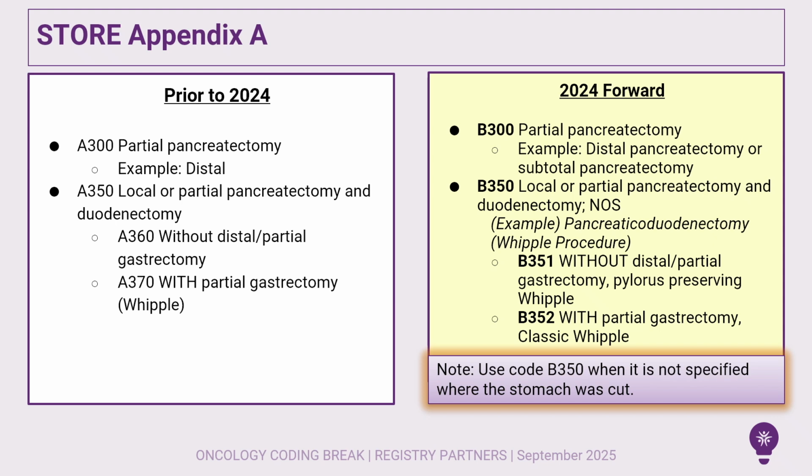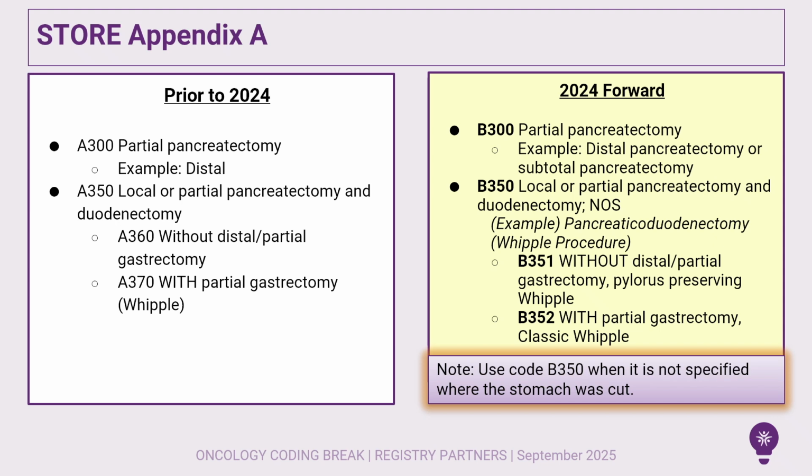Moving to 2024 and forward, we have B codes, so there is a difference. The B300 is the partial pancreatectomy, and it gives the example of distal pancreatectomy or subtotal pancreatectomy. And the B350, which is the NOS code, and the example is the pancreaticoduodenectomy Whipple.